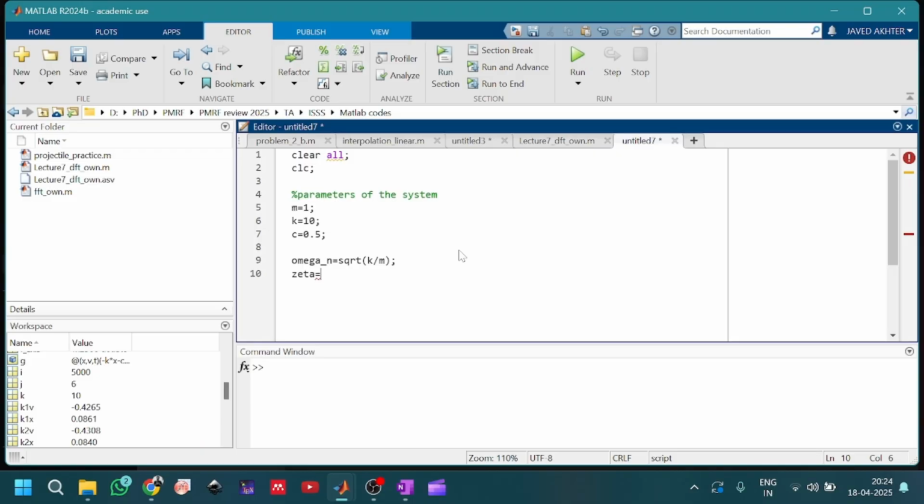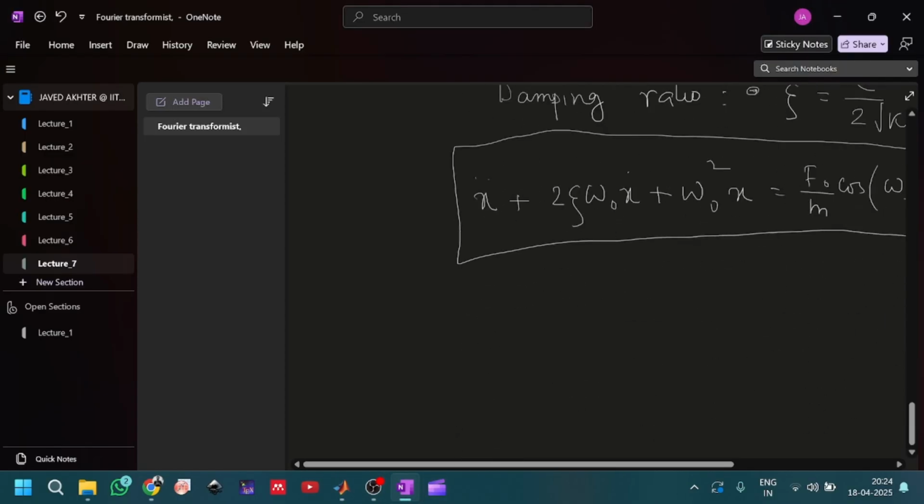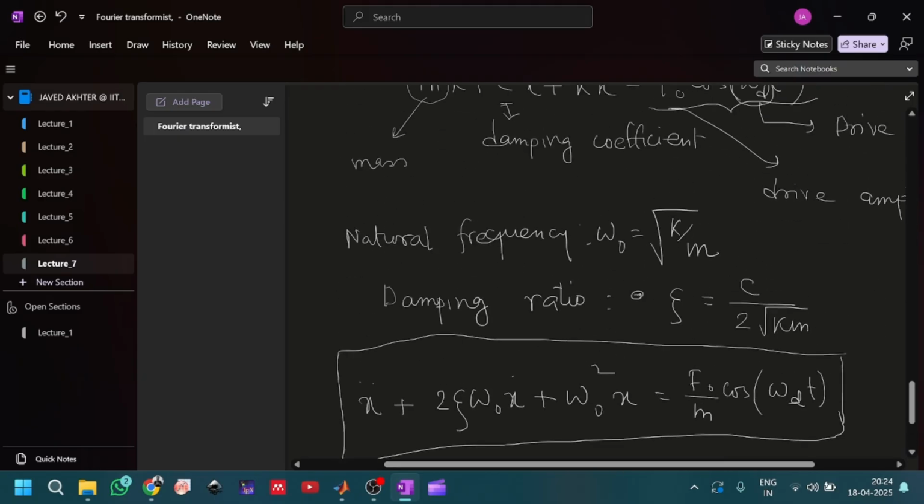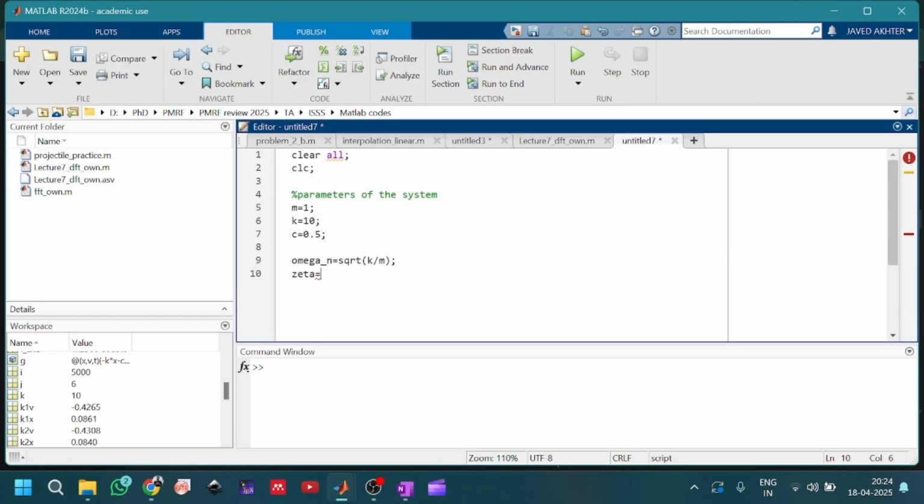Zeta is defined as c divided by 2 root under km, so it is c divided by 2 multiplied with the square root of k multiplied with m. So this is our zeta, and then let us specify our time.